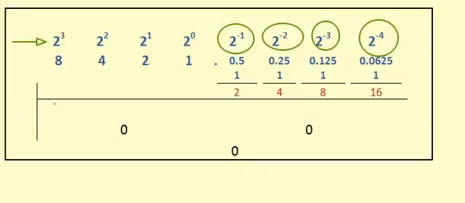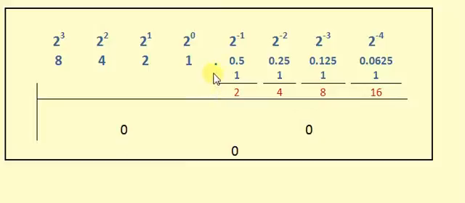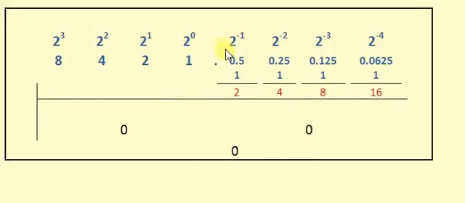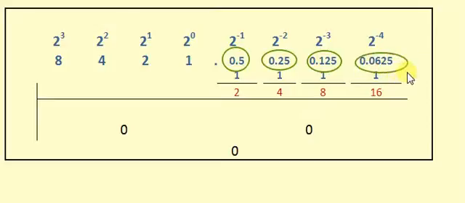This time the fractions are 1 over 2, 1 over 4, 1 over 8, and 1 over 16. If we actually do the division, we get 0.5 for 1 over 2, 0.25, 0.125, and 0.0625 for 1/16. You can work those out, but you need to try and remember those and recognize them.